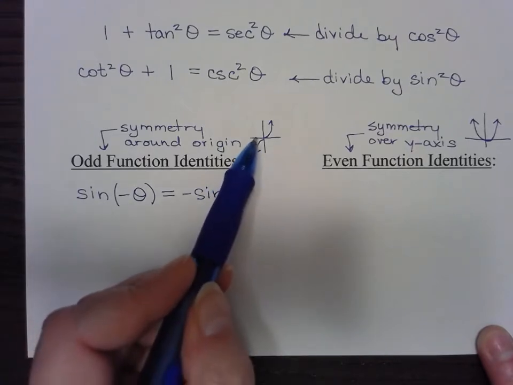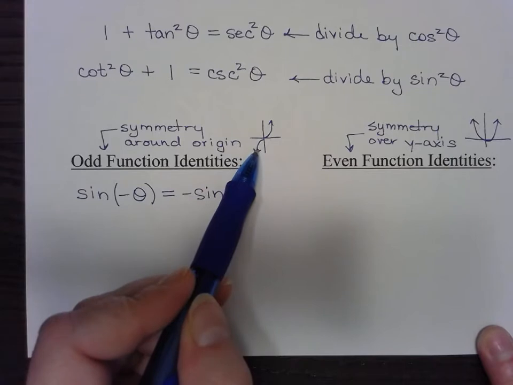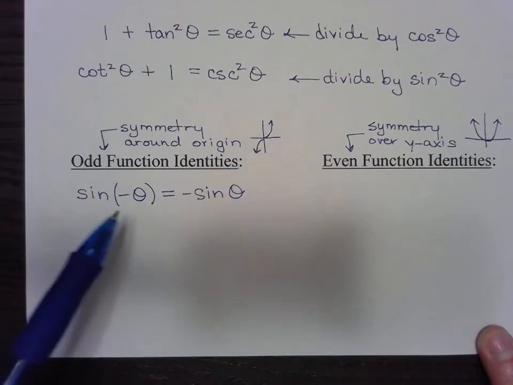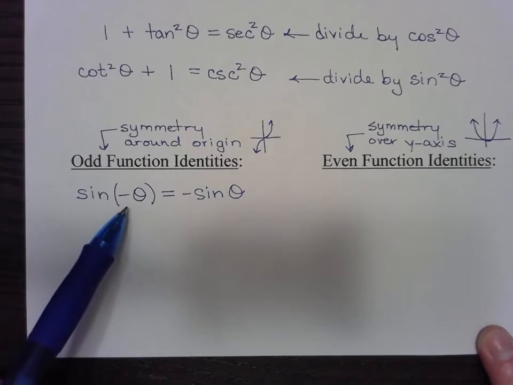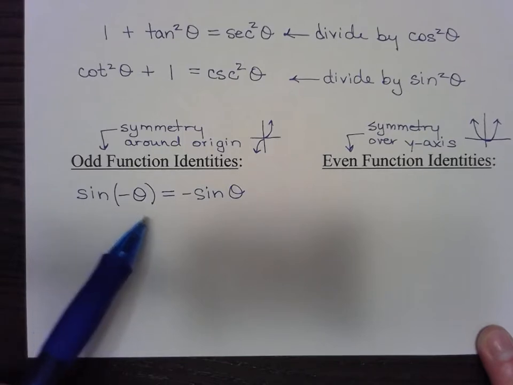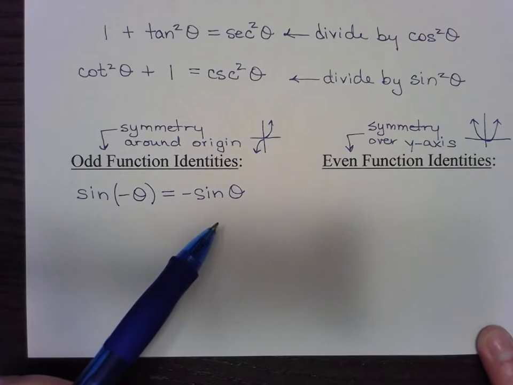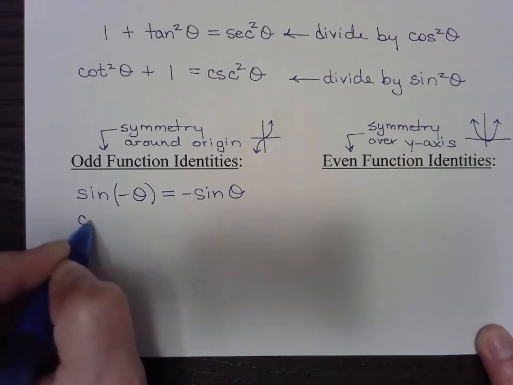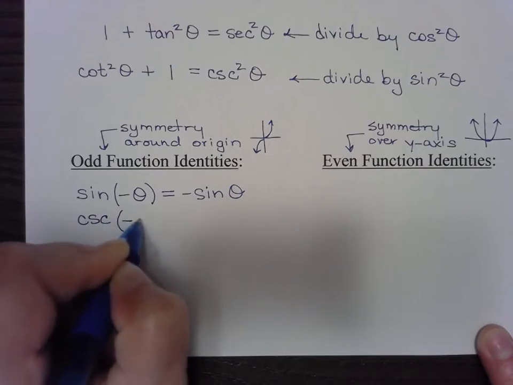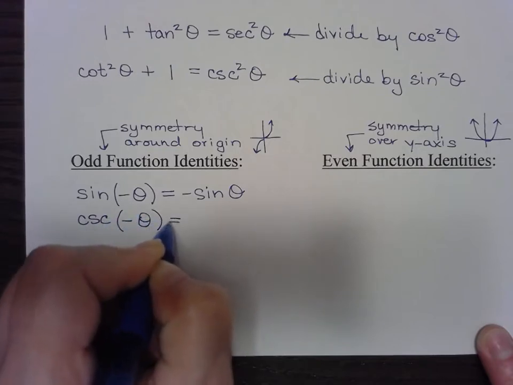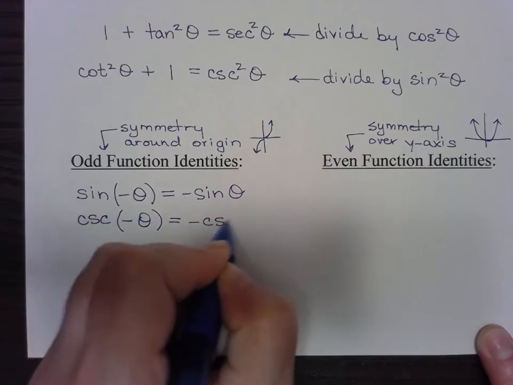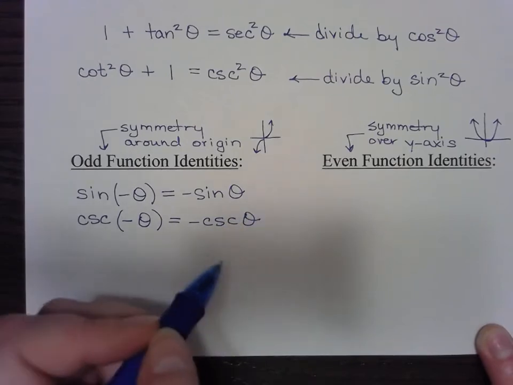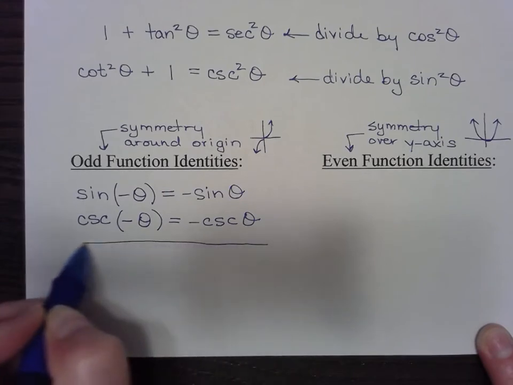If I put in a negative x, I'm going to get a negative y out. It's kind of like that idea. It may not be exactly a negative x producing a negative y, but a negative x is going to change the sign of the y value. If it's true for the sine, it must also be true for the cosecant, right? Because those two are cofunctions and they kind of follow the same patterns. So we said it's true for the sine and it's also true for the tangent.